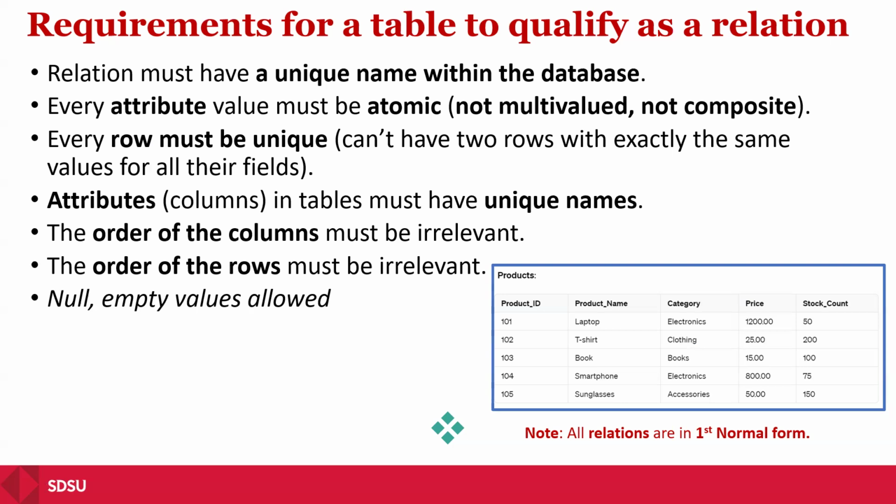The same applies to the order of rows. It doesn't really matter if we store the product t-shirt on the first line or book on the first line. As long as the entire row is together, it doesn't matter in what order those rows are stored within a table. That's very important.